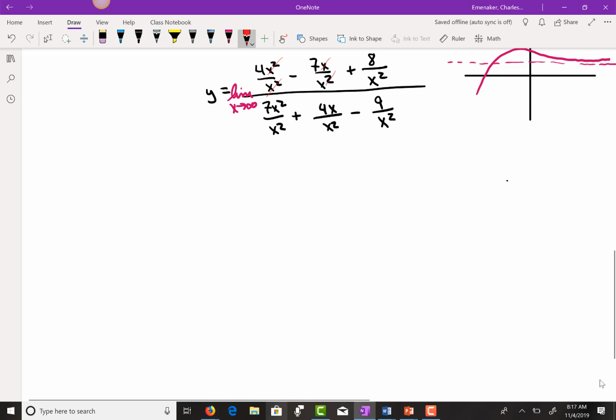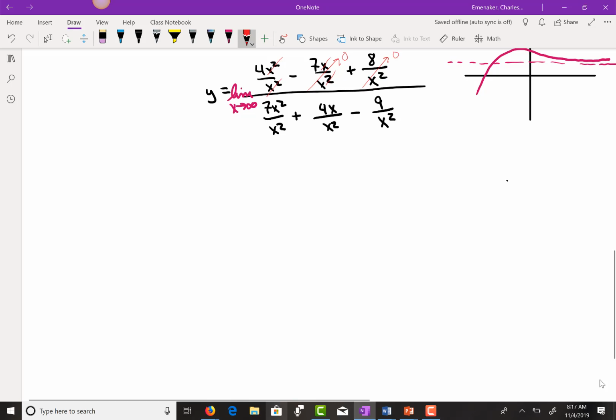Now think about the value of that fraction as x gets really big. As x gets really big, that fraction approaches a value of what? 0, doesn't it? So this term approaches 0. The 8 over x squared is in a similar situation, and that fraction is going to approach 0 as well.